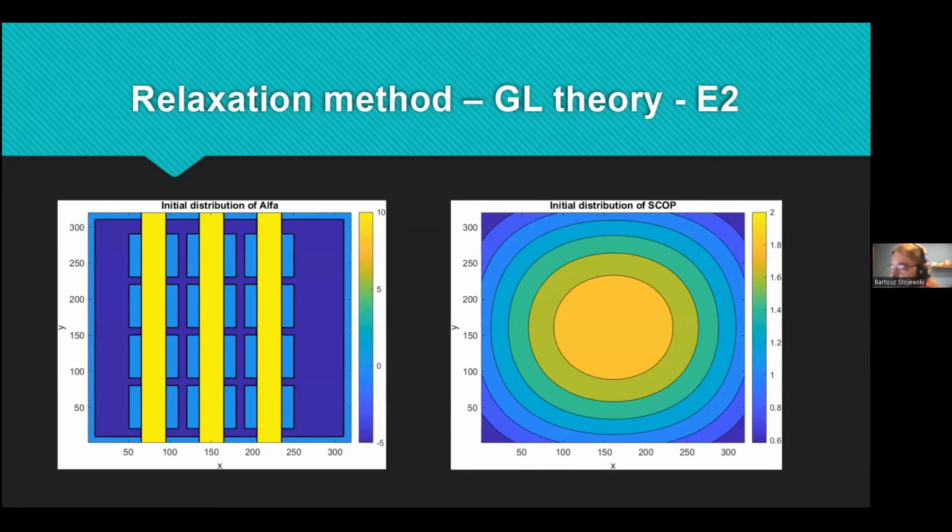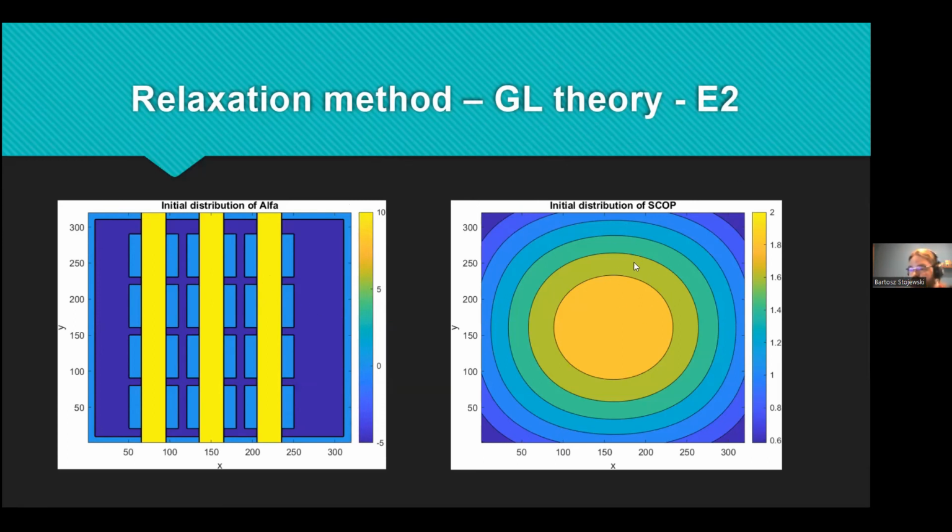Then I can show my program for this, which is another example of solving Ginzburg-Landau theory. On the left, we can see the initial distribution of alpha, where the dark blue space is a superconductor, light blue is a vacuum, and yellow is a non-superconducting material.